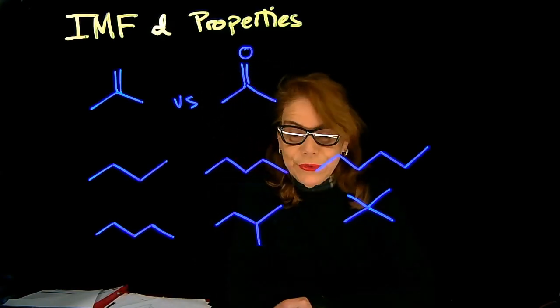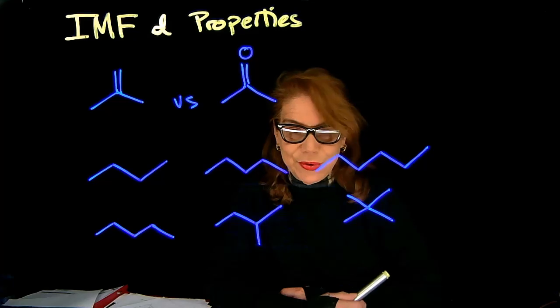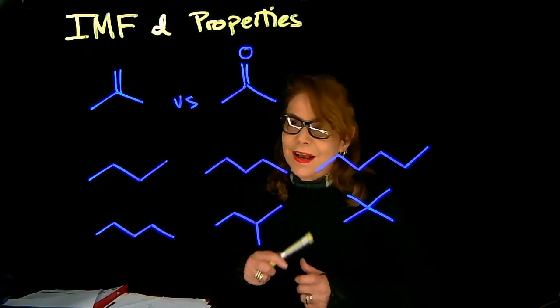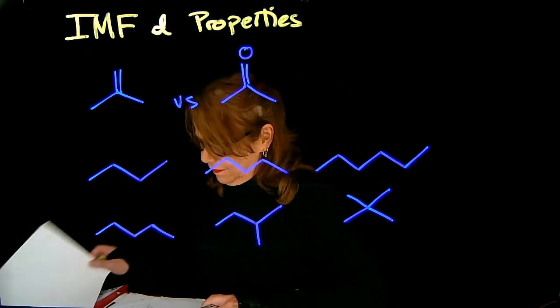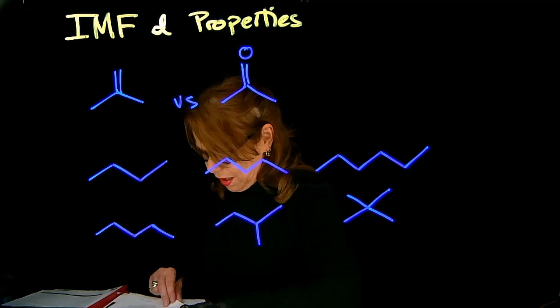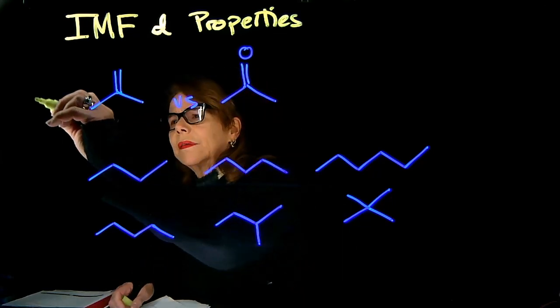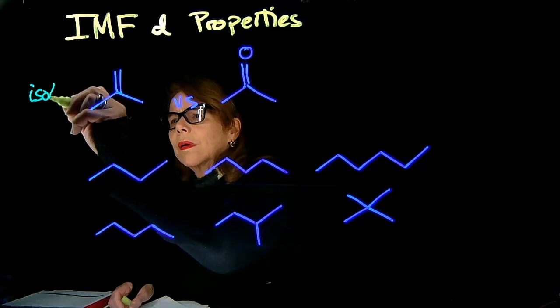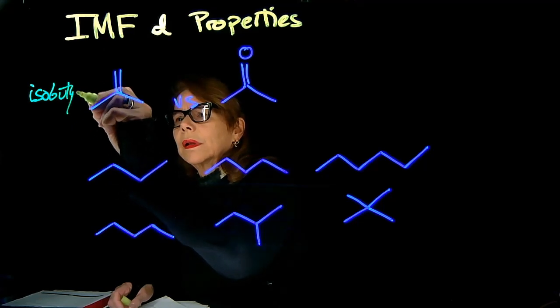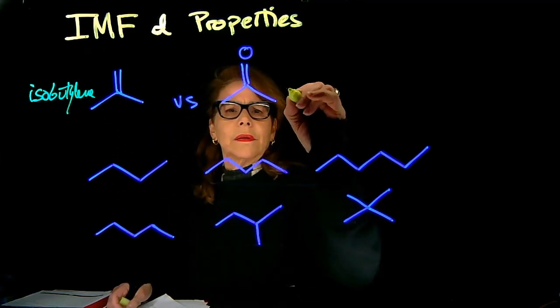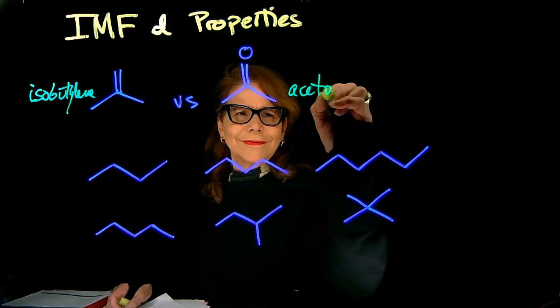We are going to use intermolecular forces now to explain some molecular properties. So here, let's write down the data that I have for boiling point. This is isobutylene, and this is acetone.